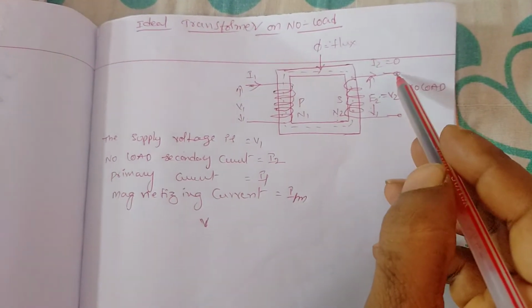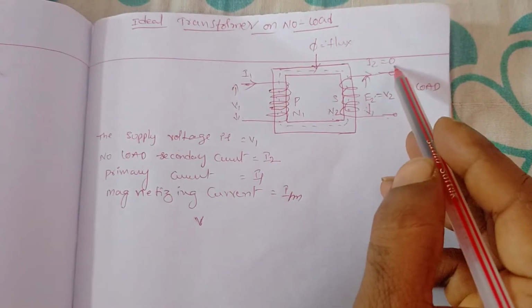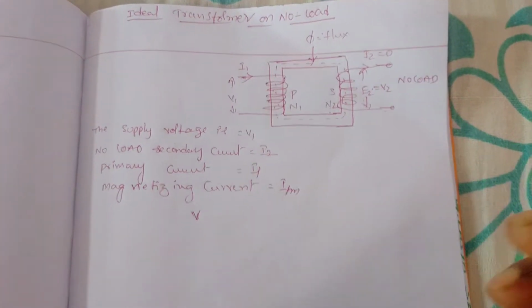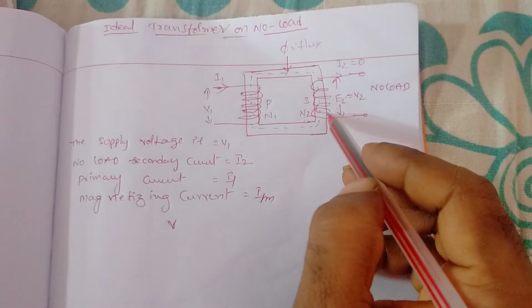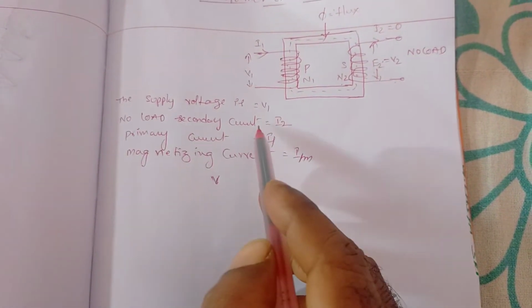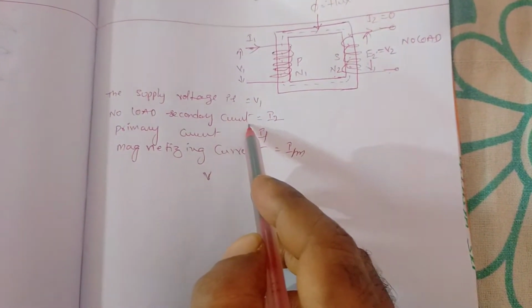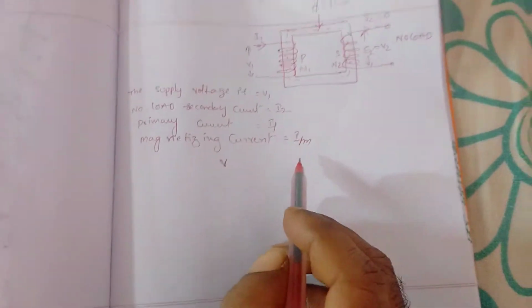No load means the secondary is open circuited, so the current flowing through the open circuit, I2, is equal to 0. So this is the construction of an ideal transformer on no load. V1 is the supply voltage, I2 is the no load secondary current, and I1 is the primary current, the magnetizing current IM.